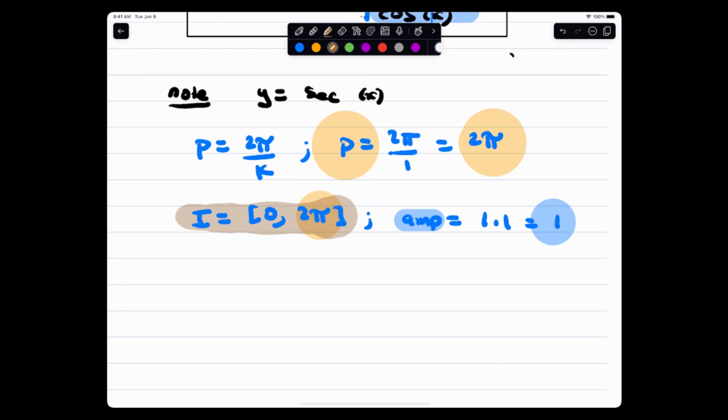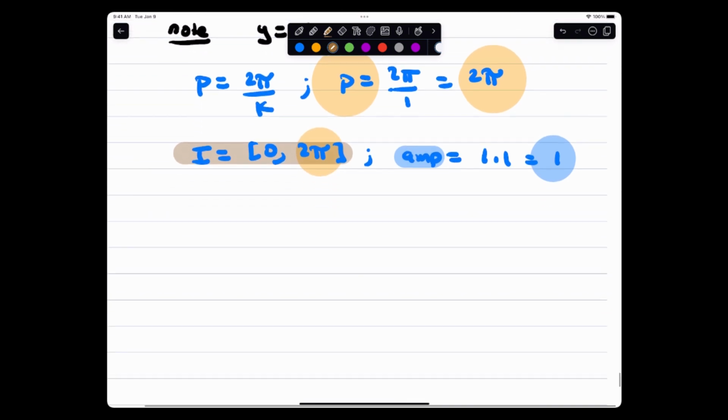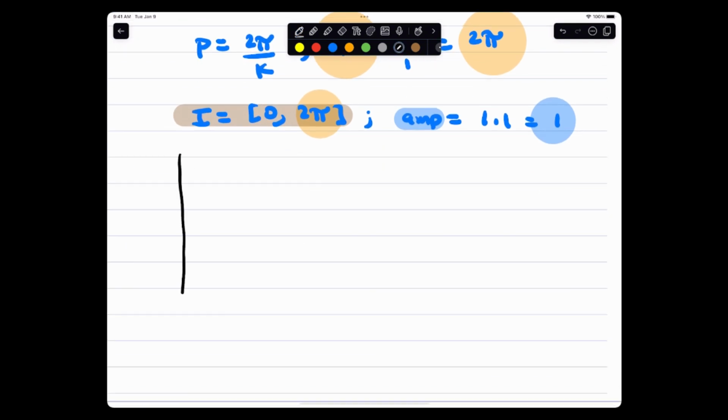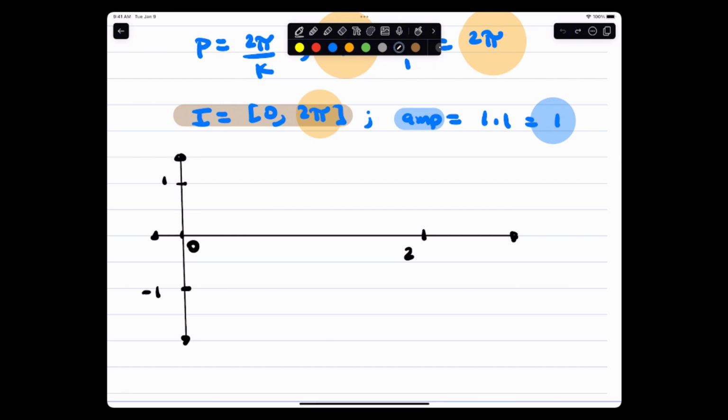So let's graph this. And when you look at the graph, you have all the appropriate information here. 1, negative 1, 0, 2 pi.